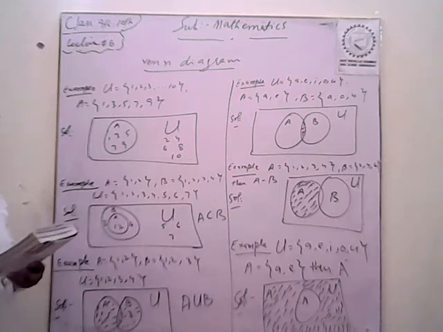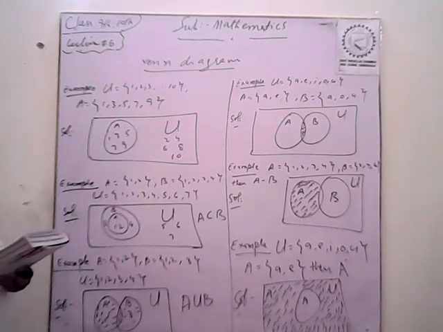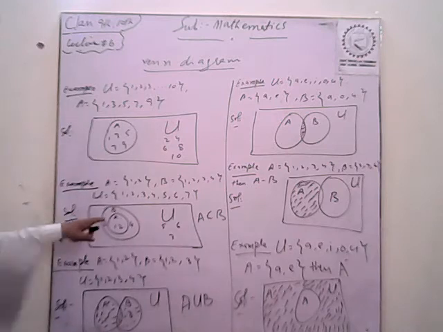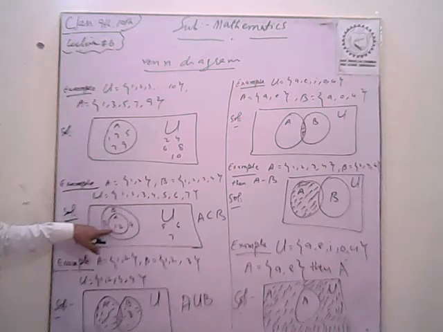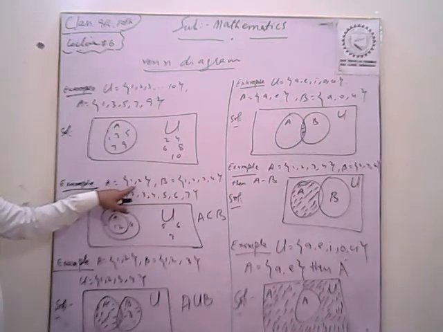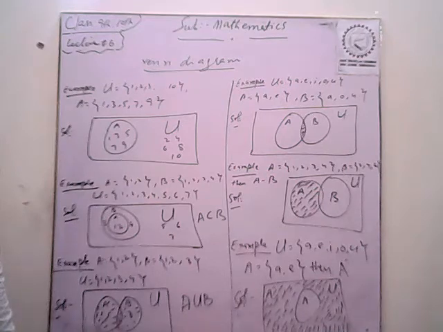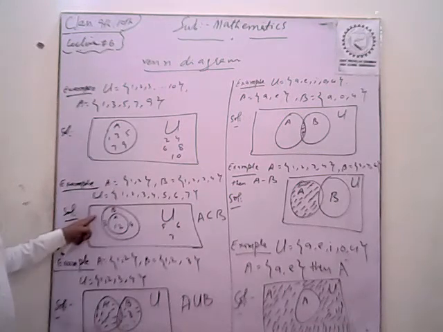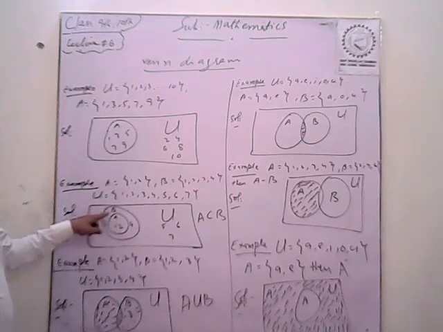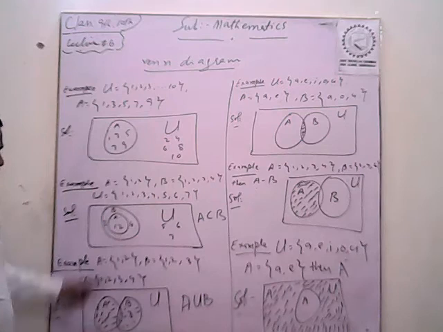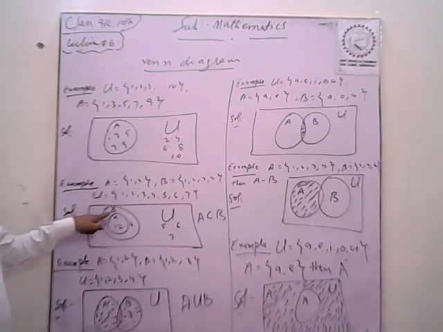A Venn diagram can be used to show that set A is a subset of set B. A has two elements, 1 and 2, and B is 1, 2, 3, 4. As we covered in the previous lecture, A is a subset of B.